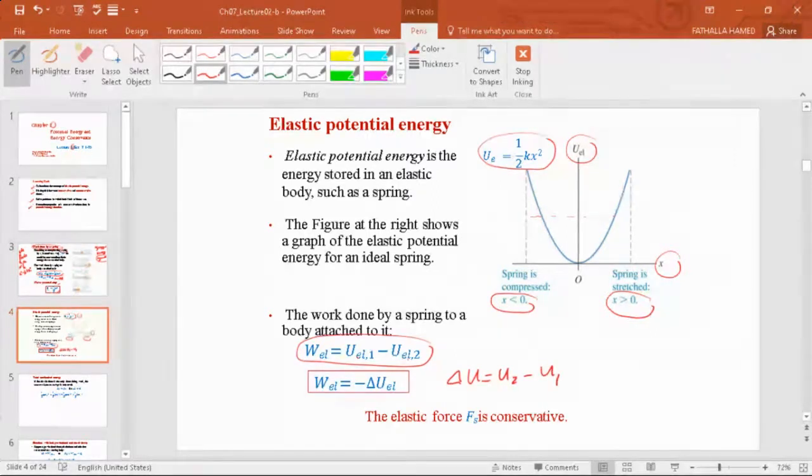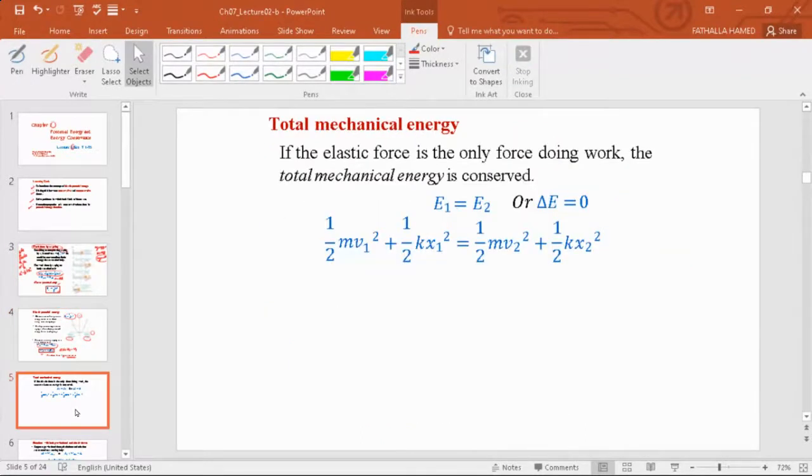But what you have here is U1 minus U2, and that's why we have here minus delta U. And S here means spring, and we say that in this case the spring is a conservative force which will conserve energy for us. So like what we did in the last lecture, let's say we have a spring doing the work. We don't have friction, we don't have any non-conservative forces. So you know that in chapter number 6 we said that the total work should equal the change in kinetic energy.